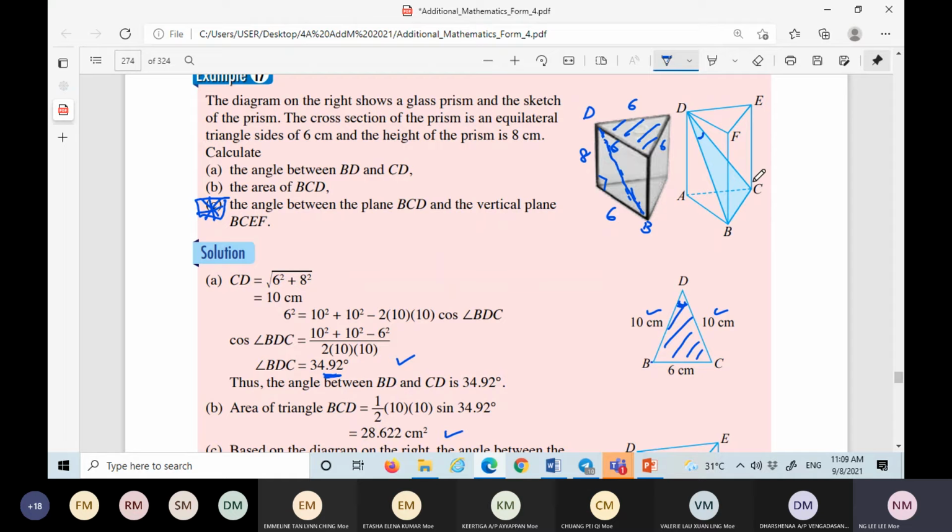This plane is inside the prism. You have to imagine. And remember, the cross section is an equilateral triangle. Imagine already. And then the vertical plane BCEF is here.